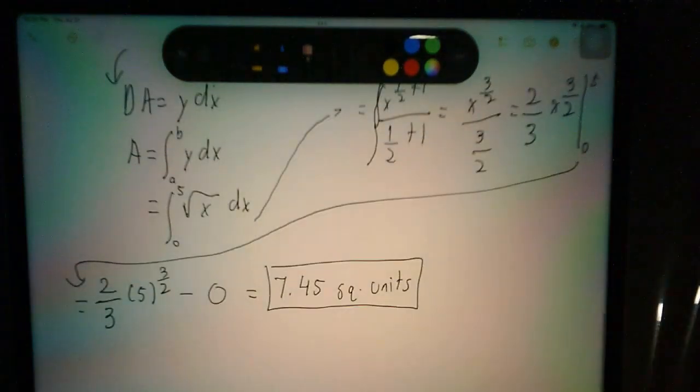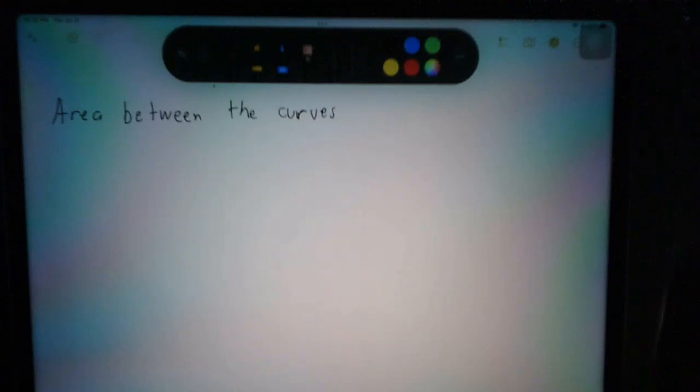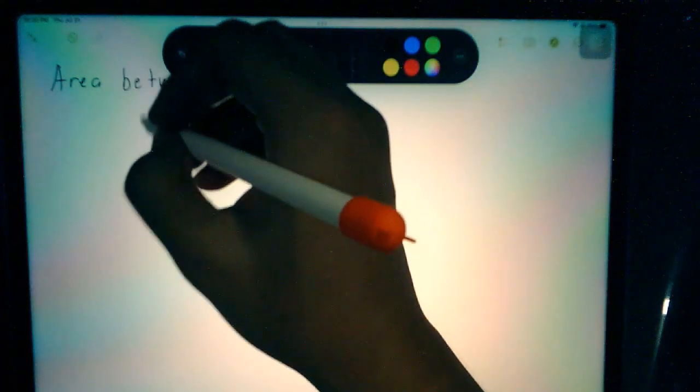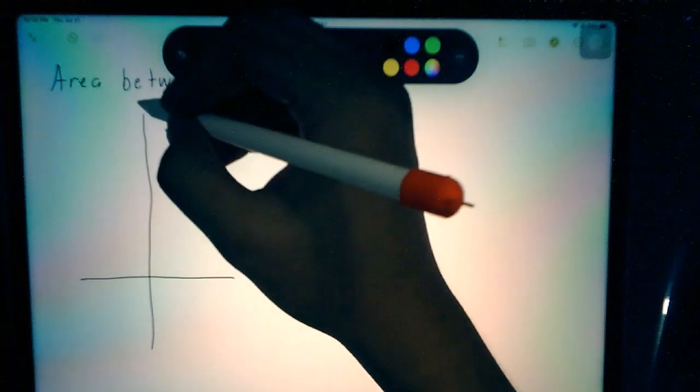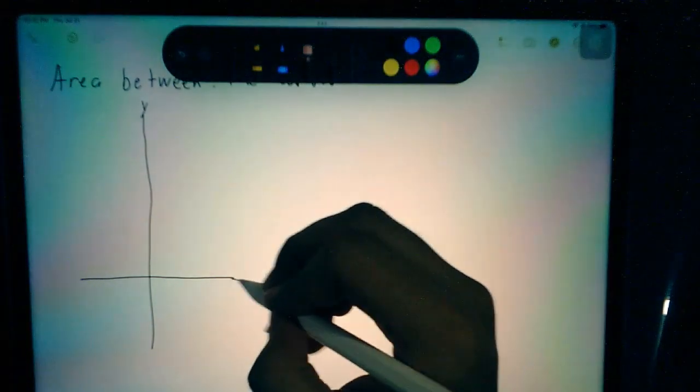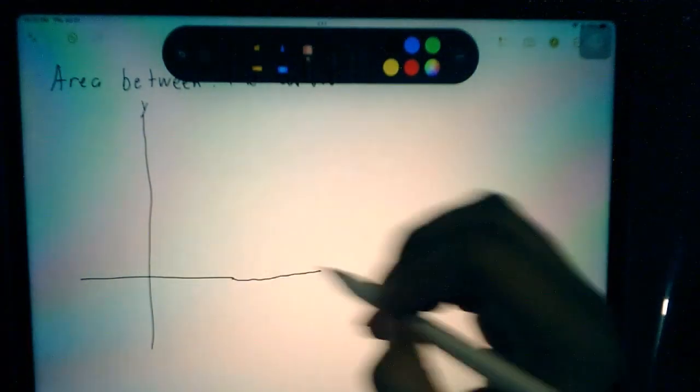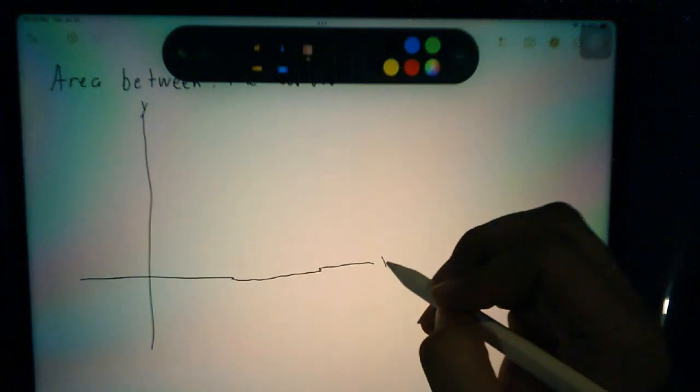Now next we are going to tackle area between the curves. So now we are going to teach you how to solve area between the curves. Let us put our illustration first. This is y, and let's just put here x.